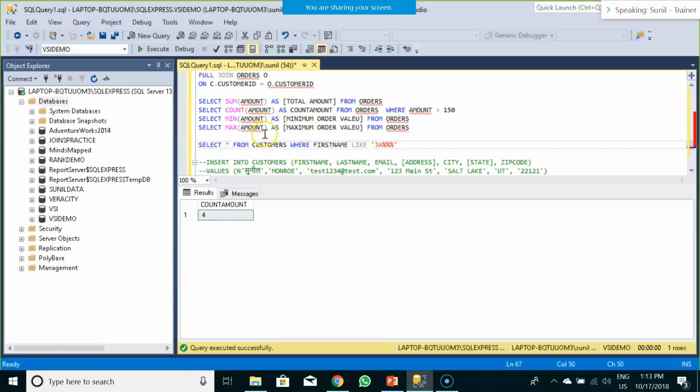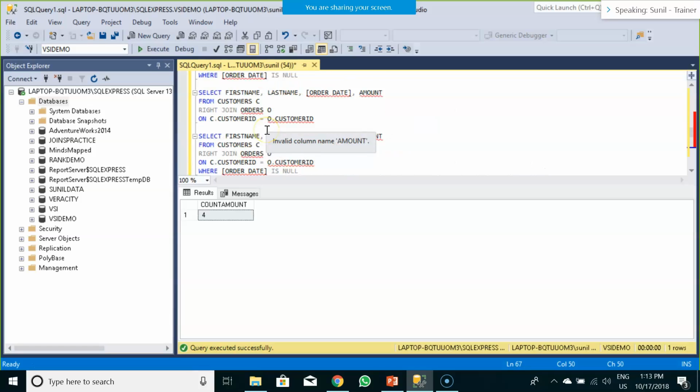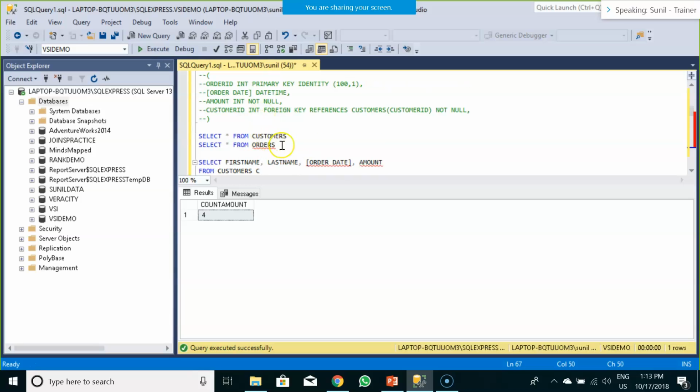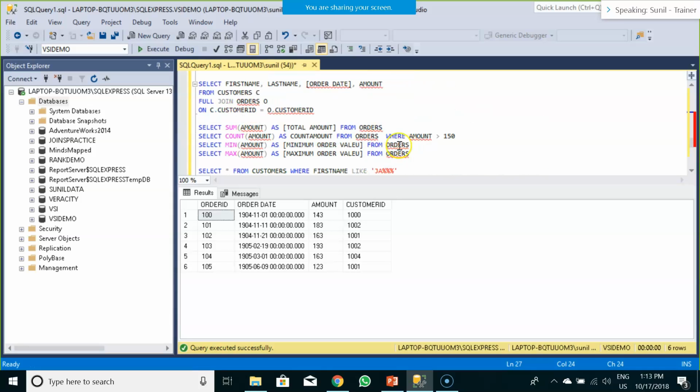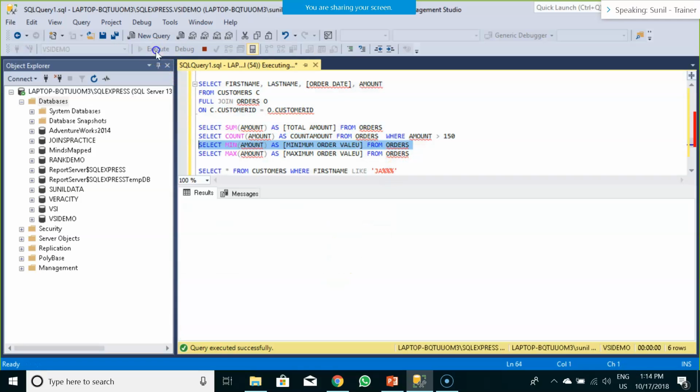Now what about the minimum and maximum function? So let's say I have the order table. Now I want to find out the information around what is the minimum order value out of these things. So minimum order value according to me, as I could see, is 123. So is it giving me that order value? Yes, 123.